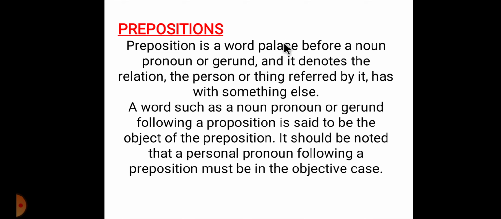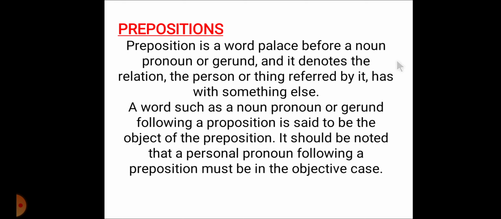So don't write this, write place. A word such as a noun, pronoun or gerund following a preposition is said to be the object of the preposition. It should be noted that a personal pronoun following a preposition must be in the objective case. So these are the terms we remember for the preposition.